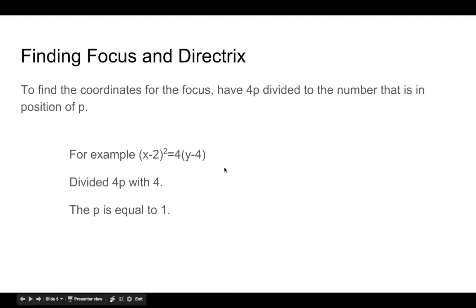Basically, we want to find what p is, so we divide 4p by 4, and that would be equal to 1. So that would mean that the distance from the vertex to the focus would be 1, and the directrix would also be 1, but below or to the right or left. It all depends how the parabola is positioned.